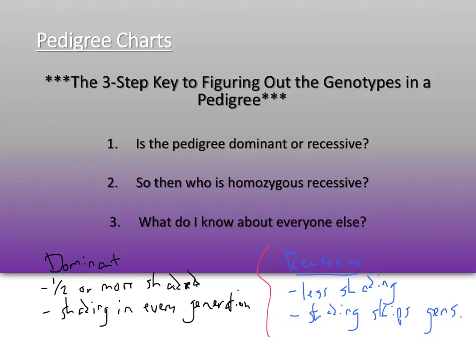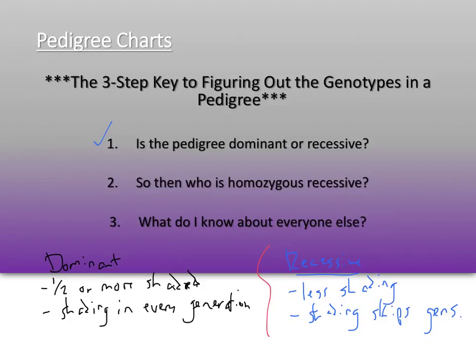Now, once you've established number one, you can move on to number two: who is homozygous recessive? This will make more sense when we look at an actual pedigree in a moment. But in a dominant pedigree, the shaded-in people are dominant, right?